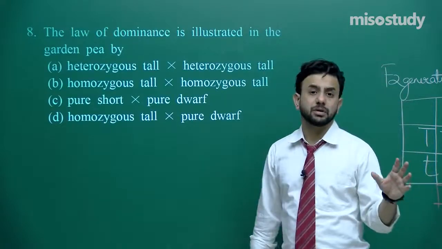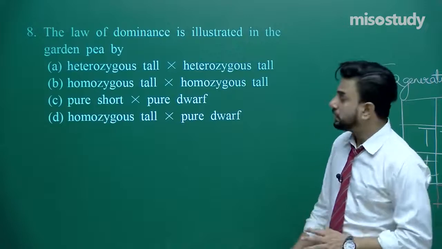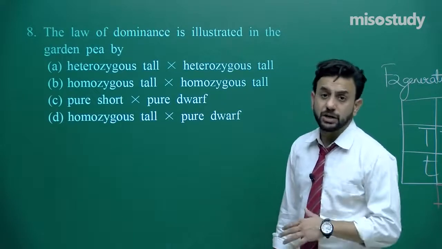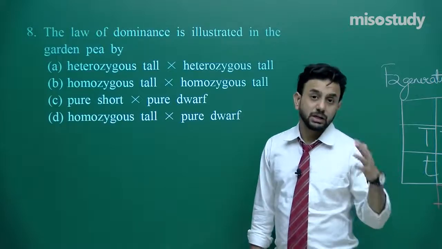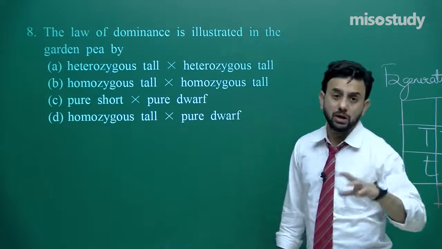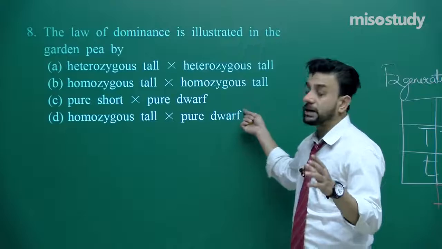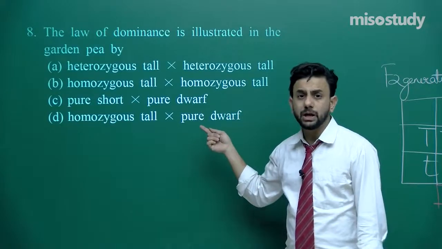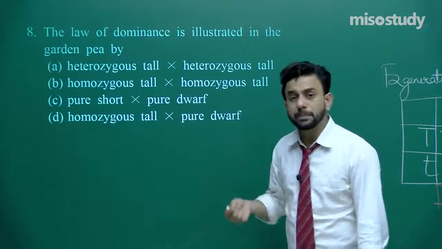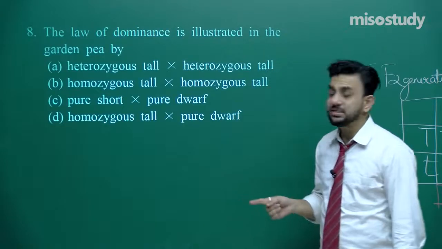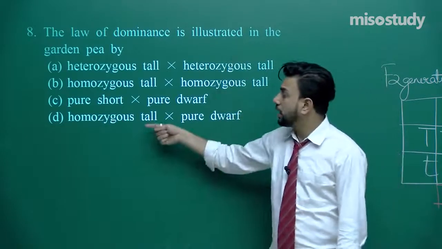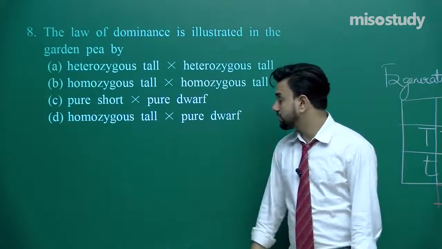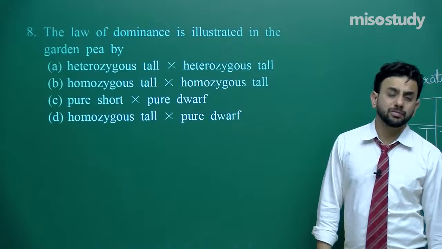None was dwarf. 4:0. Then he self-crossed them, and he obtained plants in the ratio of 3:1. That is, three were tall and one was dwarf. So that is what I said. We are doing the same thing again. The dwarf plants reappeared, and hence the law of dominance is illustrated in the garden pea by homozygous tall into pure dwarf.